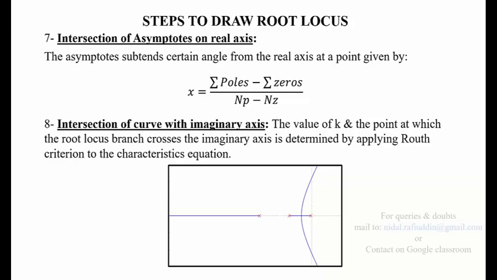From there we'll be obtaining the value of k and substituting that k in the auxiliary equation from the row taken previous to the 0 value.